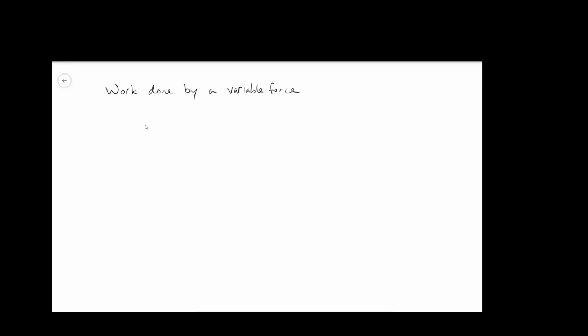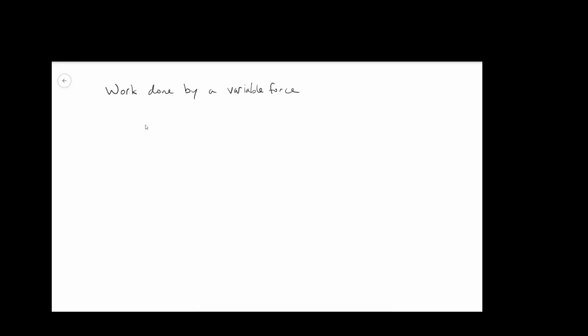Now, in fact, technically speaking, gravity is a variable force, but for the purposes of what we're doing, the force of gravity is pretty much constant almost everywhere on Earth, right? I think if you go to the top of Mount Everest, you might be able to take an instrument up there and detect that the force of gravity is slightly less. But for the purposes of what we're doing here, gravity is pretty much a constant force.